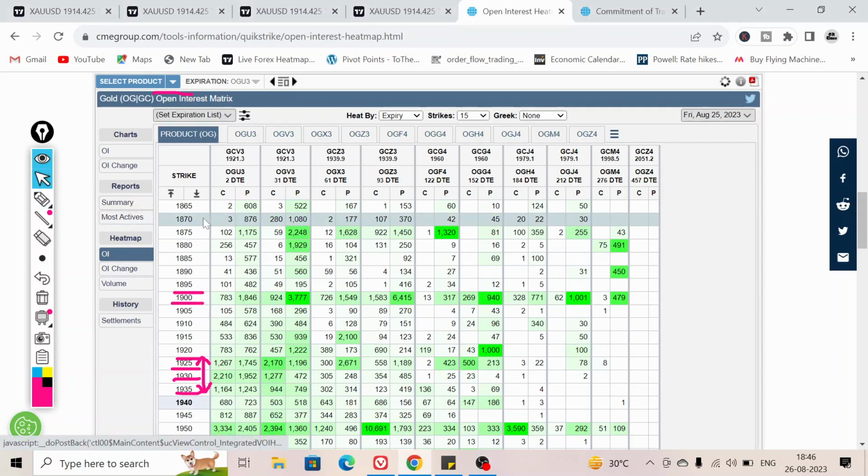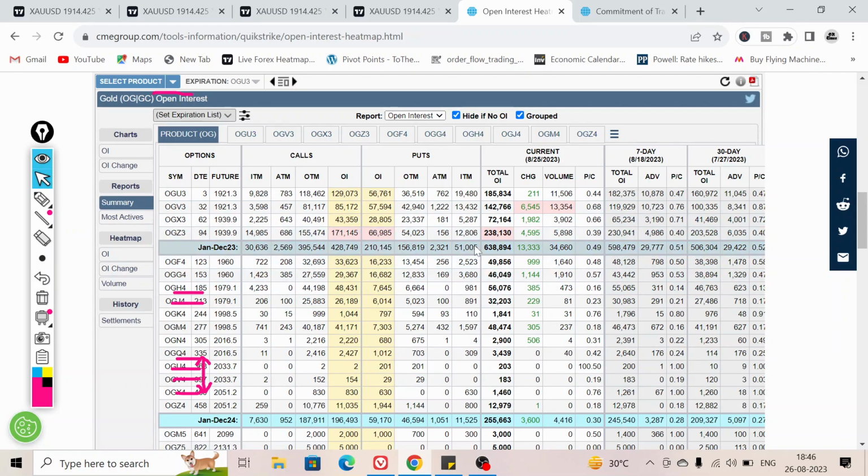And if we check the PCR ratio in the case of gold futures and options, let me show you. For the nearest expiry, the PCR ratio is showing some bullish sign, it is 0.44, and for the next expiry it is showing some bearish sign.